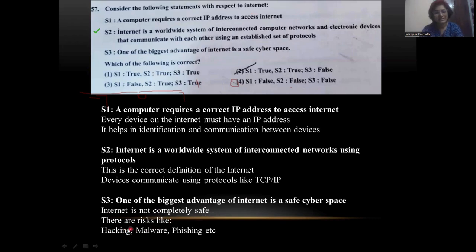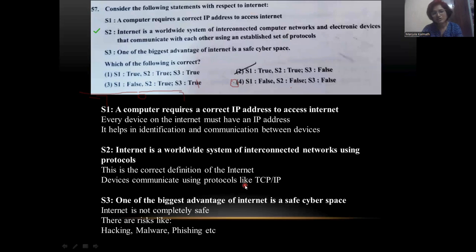There are risks like hacking, malware, phishing, etc. So it is not a safe one. But for IP address, every device on the internet must have an IP address. It helps in identification and communication between devices. And next, we have an interconnected worldwide system of networks using protocols. This is the correct definition of the internet.